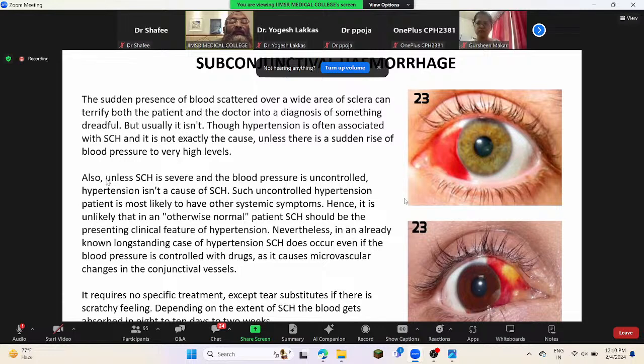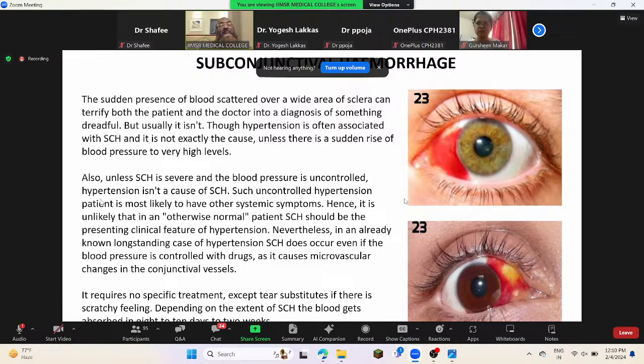Though hypertension is often associated, it is not exactly the cause unless there is a sudden rise of blood pressure to very high levels. Also, unless the subconjunctival hemorrhage is severe and the blood pressure is uncontrolled, hypertension isn't a cause of subconjunctival hemorrhage.